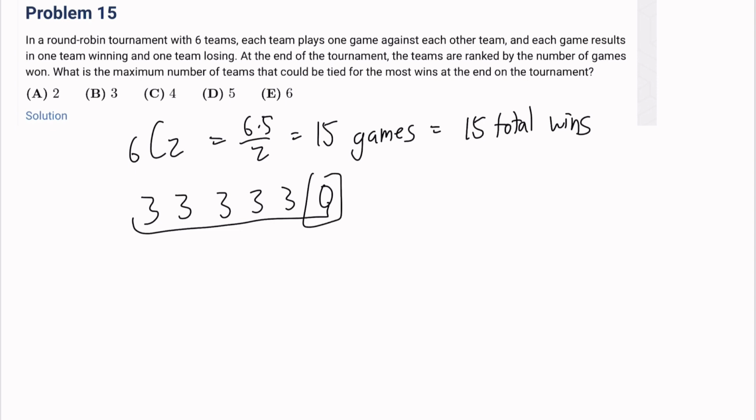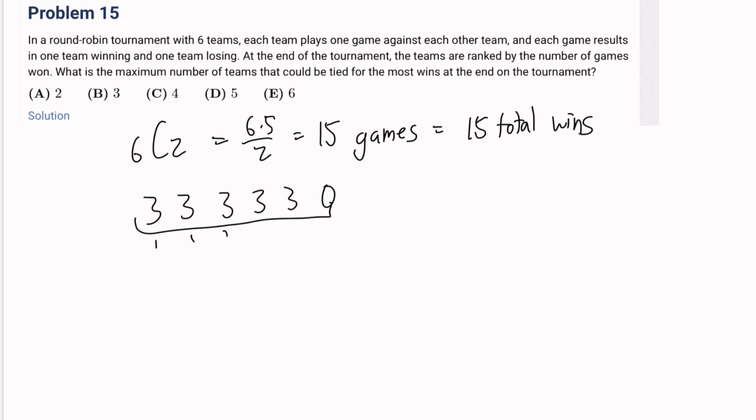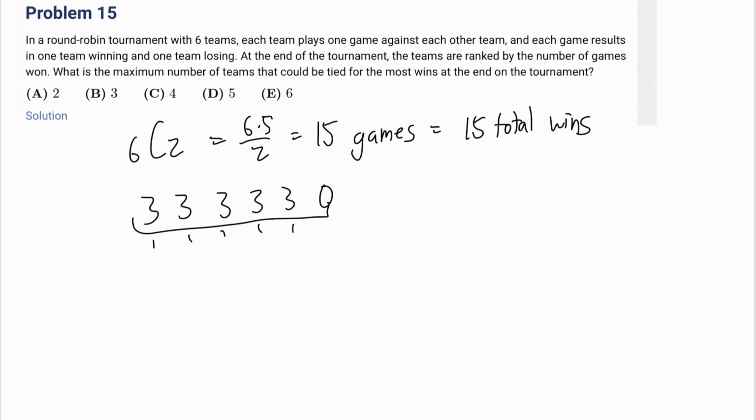So let's say obviously this team would have lost all the games, so that would be 1-1-1-1-1 for each, and then there would be 5 choose 2 equals 10 games between these 5 teams, right?